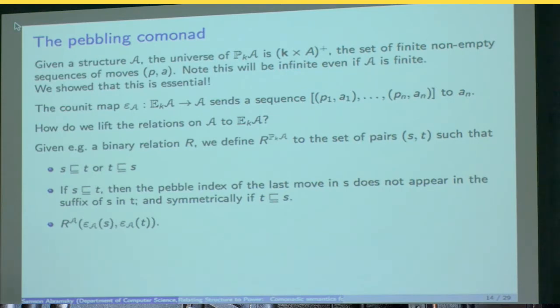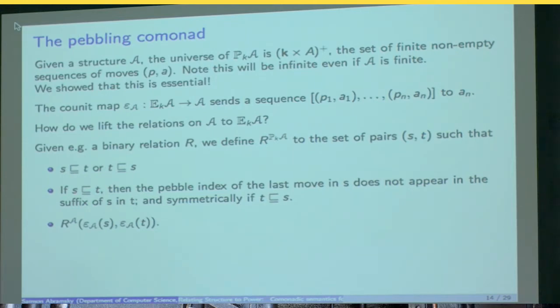And again, they're going to be related if the last elements of the sequences are related, but the pebbling constraint on our resources comes into play in this clause here. If, say, the one sequence is shorter, the last move there is sitting there with some pebble, so the point is we're only going to relate it if that's still the current use of that pebble index by the time we get up to the later one.